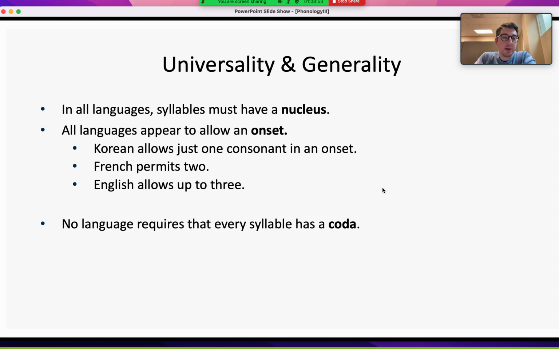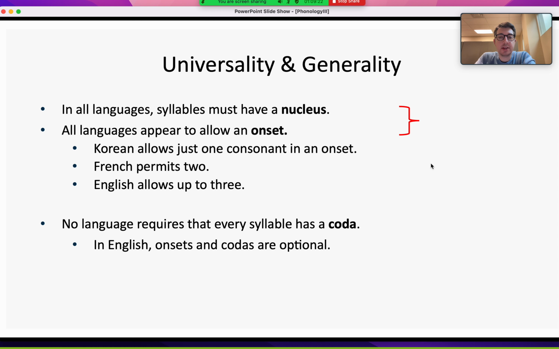No language requires that every syllable has a coda, so coda is not obligatory. In English, onsets and codas are optional. So in English, syllables must have a nucleus, but onsets and codas are optional, as in, for example, the word a pair. A would be a vowel and it's a peak, and that's it.